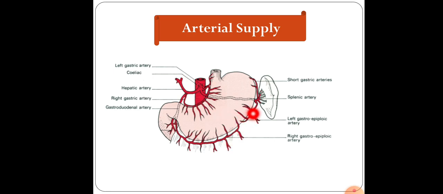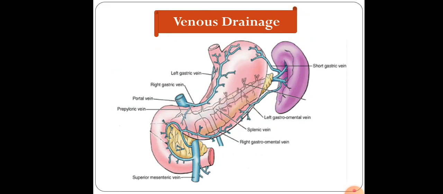The left gastroepiploic artery is a branch from the splenic artery. The short gastric arteries, which supply the fundus, also branch from the splenic artery. The right gastroepiploic artery is a branch from the hepatic artery through the gastroduodenal artery.